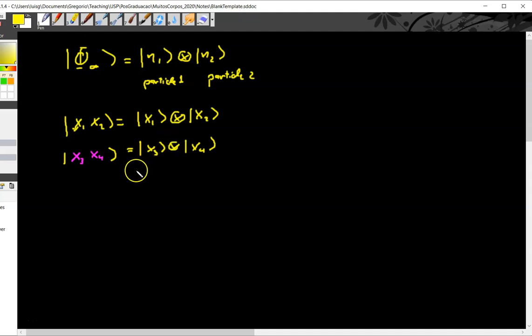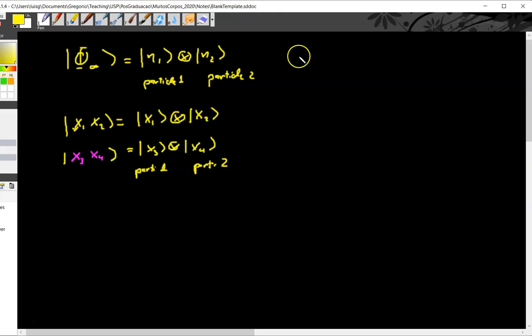So this is still particle 1 and particle 2. There's no particle 3 and 4. What this means is that particle 1 is in position x3 and particle 2 is in position x4. This could be anything, right? So just keep that in mind, because this might get pretty confusing pretty fast.